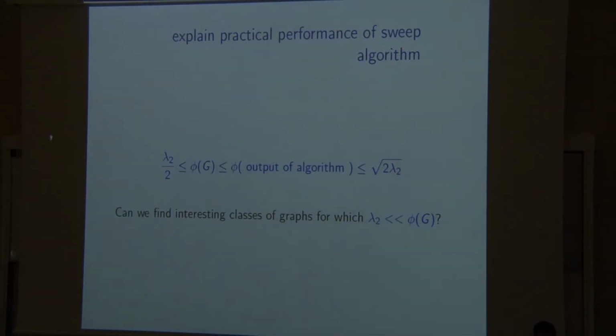Presumably this would be too much to ask, but maybe you could say in this class of graphs either lambda 2 has to be much smaller than the expansion, or there is some other recognizable property that allows some other algorithm to do well. That's something that I would consider promising, and I've never seen something like that in any algorithm.